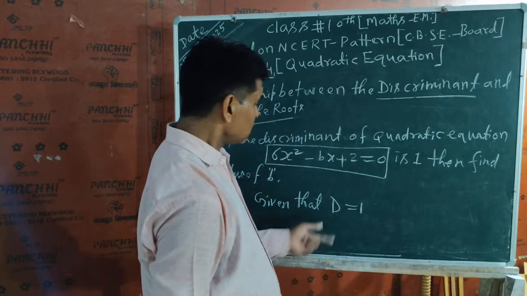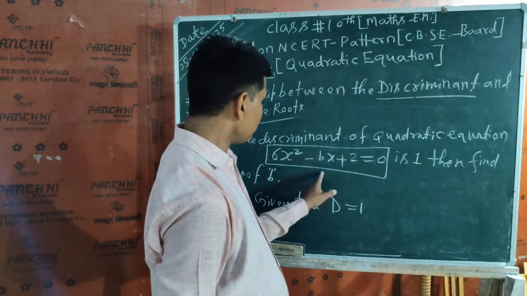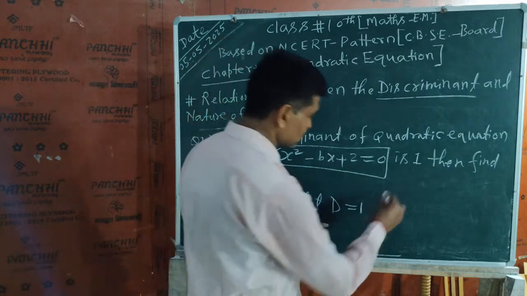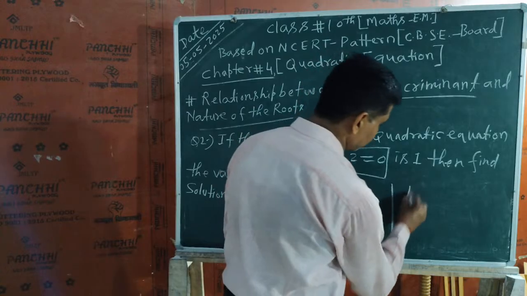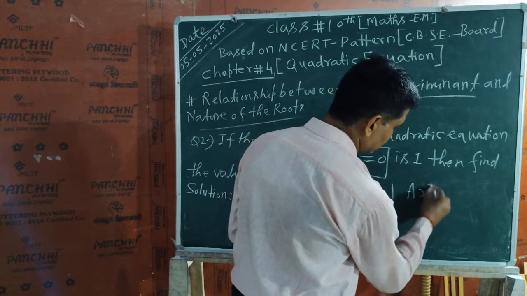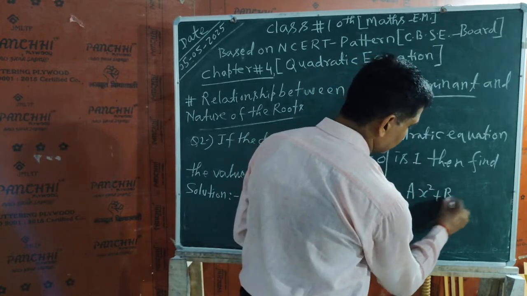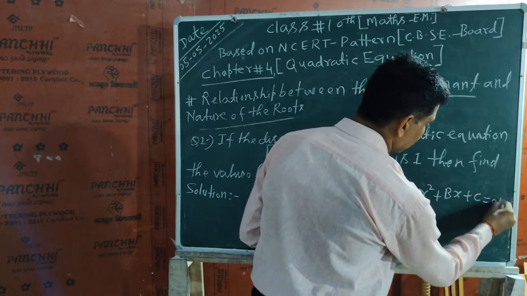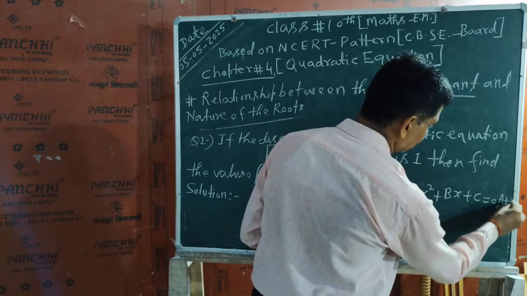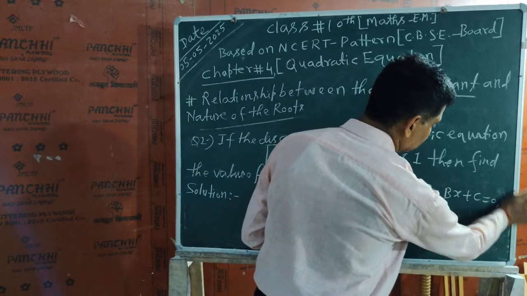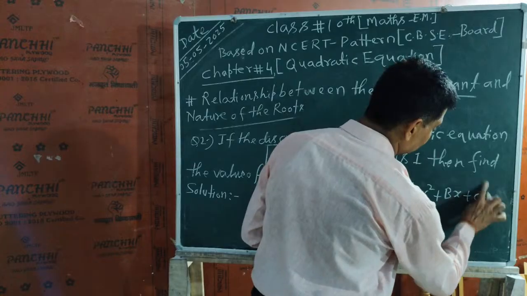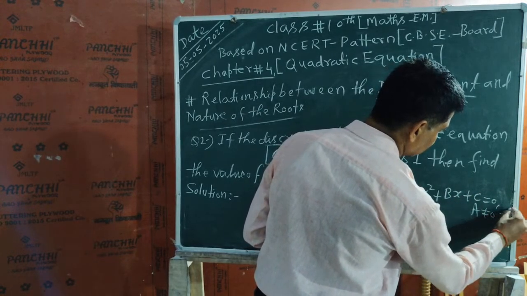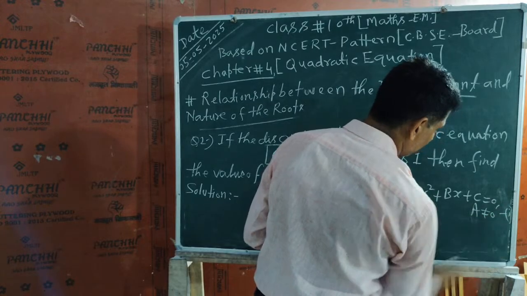Now I will get the values of a, b and c from the given quadratic equation. Here I am going to write the general quadratic equation in this way: ax square plus bx plus c which is equal to 0, and here I have to write the condition that a cannot be 0. Okay, students, so I will say this is equation number 1.